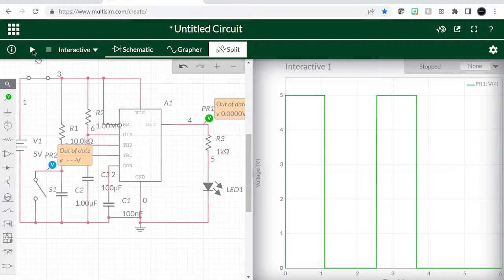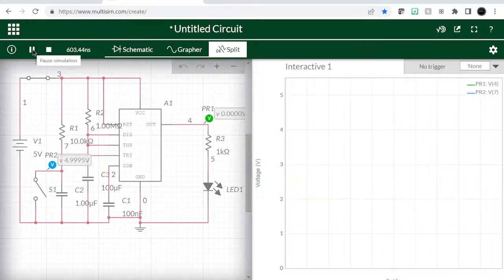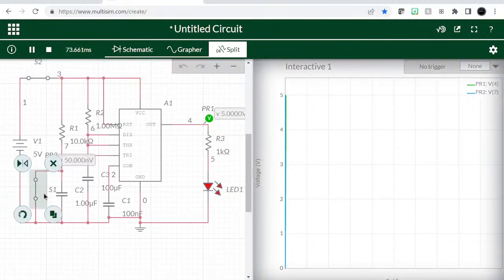All right, so we're gonna run this again. All right, let's close the switch. You can see the curve is not really a pure square wave. Let's close it one more time.